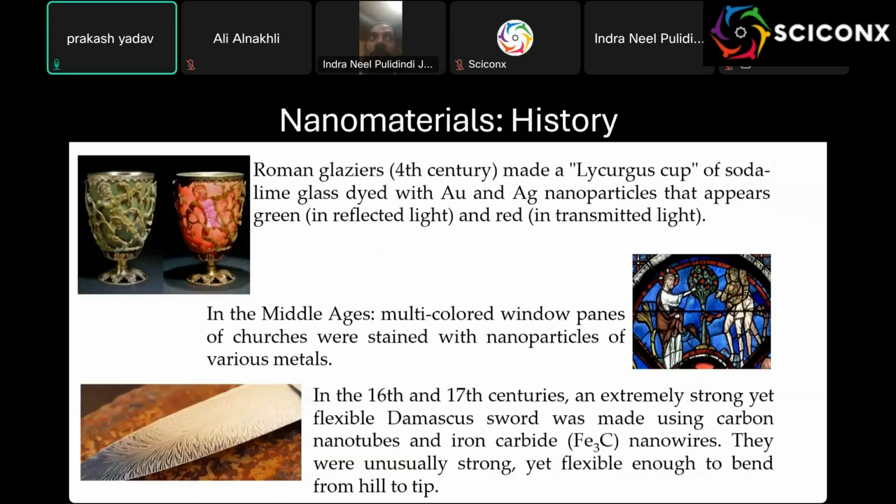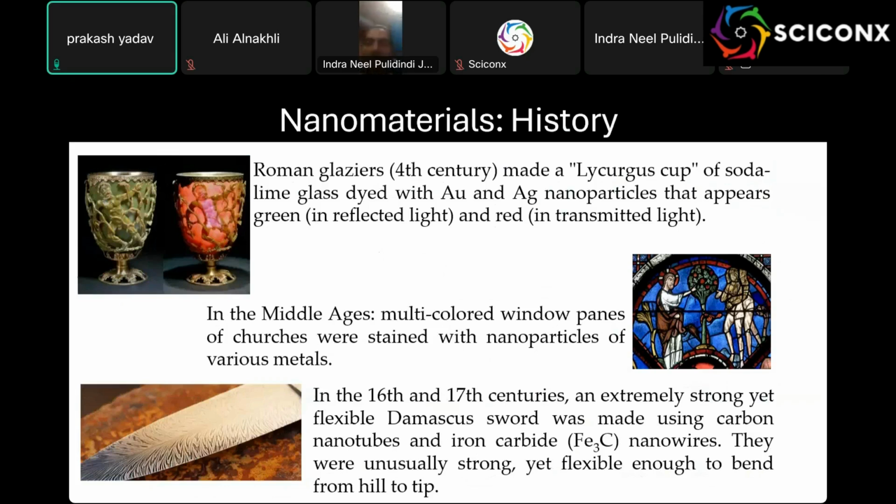When light is reflected from this glass, the color is green. But when light is transmitted through this glass, then we see the red color. So this is the beauty of nanomaterials. And at that time they didn't know this happened due to nanoparticles.